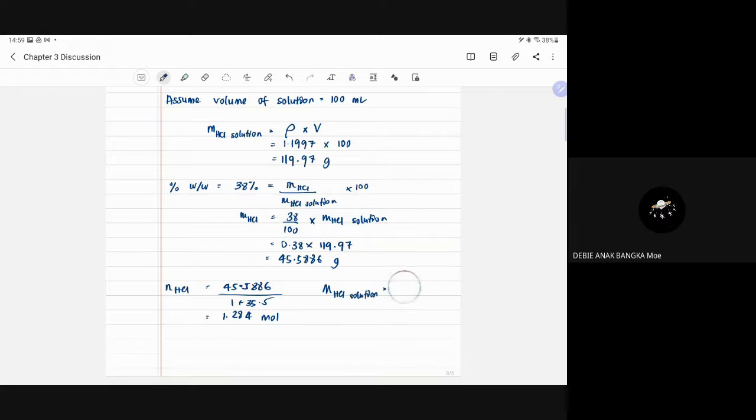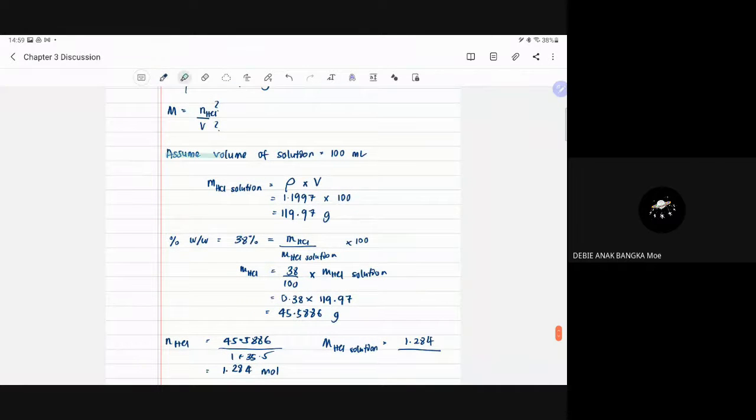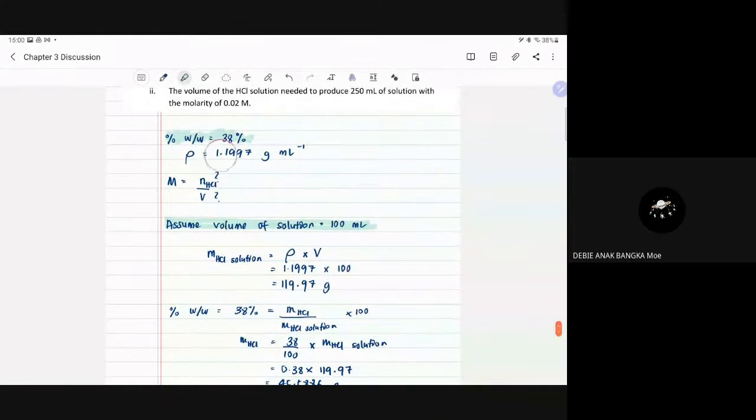Jadi kita boleh cari molarity of HCl solution sama dengan 1.284 bahagikan dengan volume. Volume dia kita dah guna yang ini. Ini adalah volume solution itu. Okay. Kalau assume memang 100 ml kah? Boleh, kamu nak assume berapa-berapa pun. Paling senang guna gandaan 10 lah. Kamu guna 10 ml boleh, guna 1 ml boleh, guna 100 ml pun boleh. Saya suka guna 100 sebab nak bagi tak ada perpuluhan selalunya. Tapi yang ni sebab perpuluhan ni panjang kan. So saya guna 100 je lah.